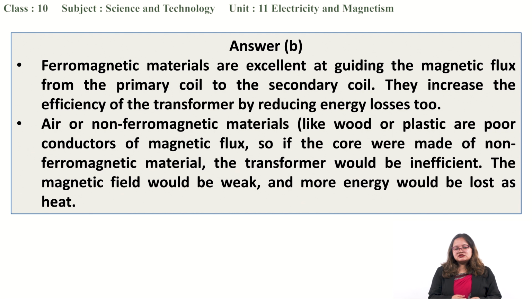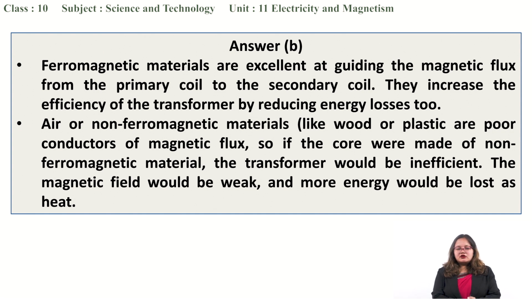And let's think about some material which will not work so efficiently in a transformer. As you can see, non-ferromagnetic materials like wood, plastic, such poor conductors, do not make a very good pathway for magnetic flux.